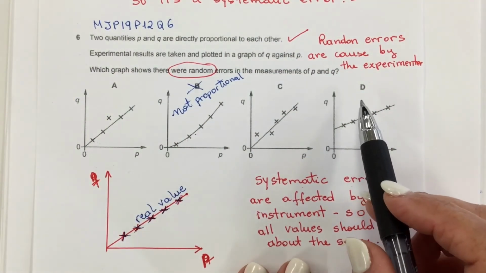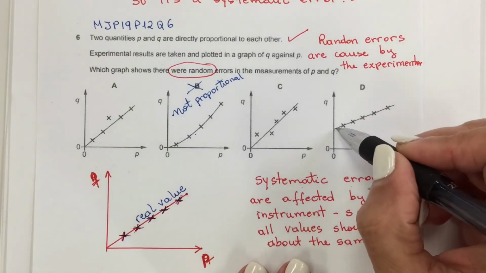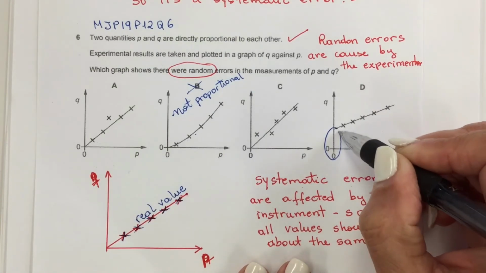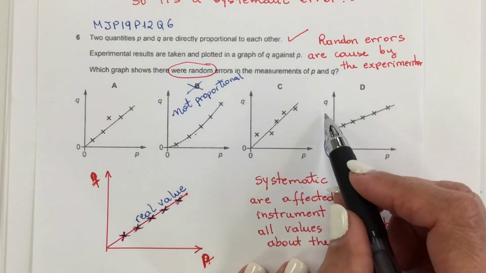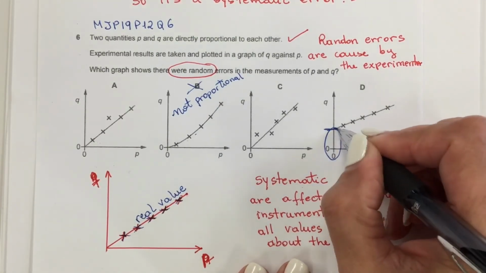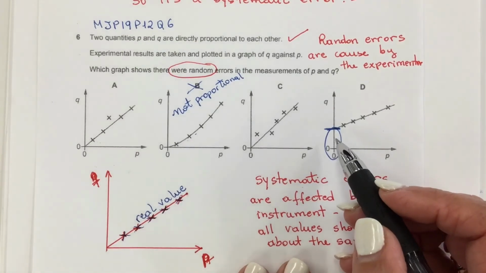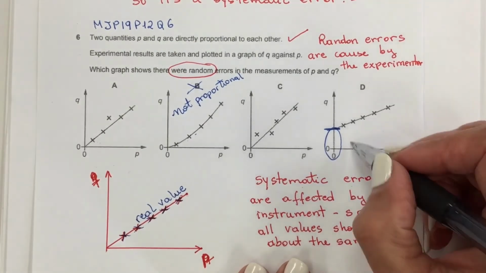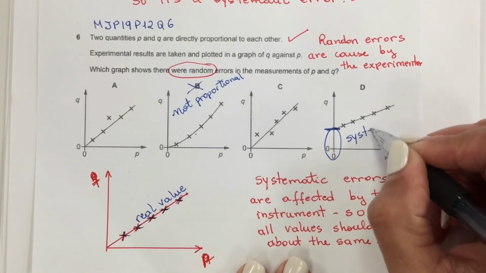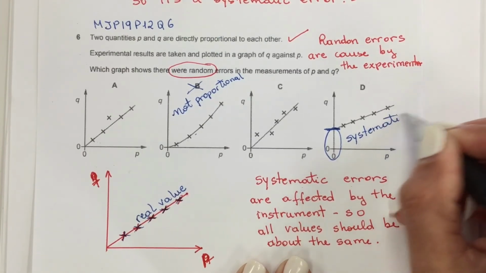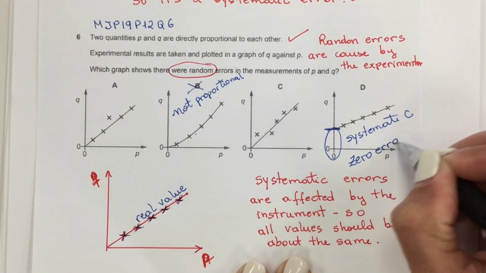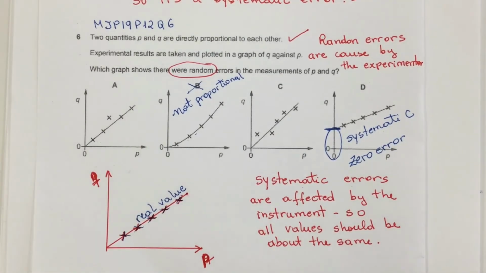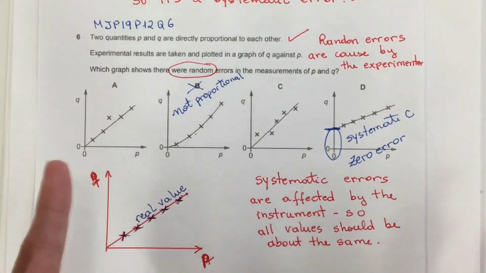Graph D. Graph D is showing a value here, even though there is no value for P. So Q already starts with a value right here. That is an indication of systematic error, specifically zero error, which means that the instrument is already set up with a value right there even before using it.